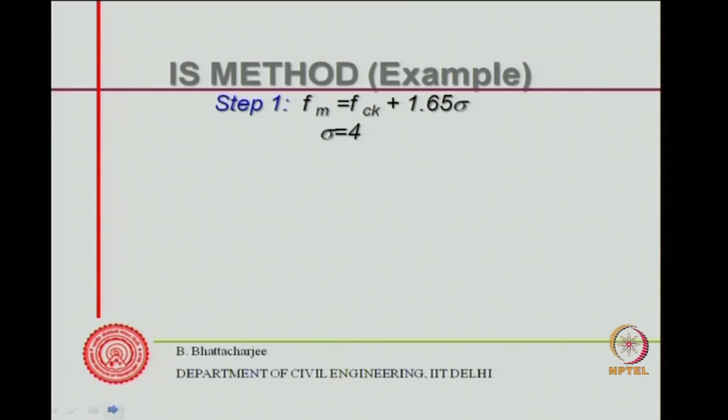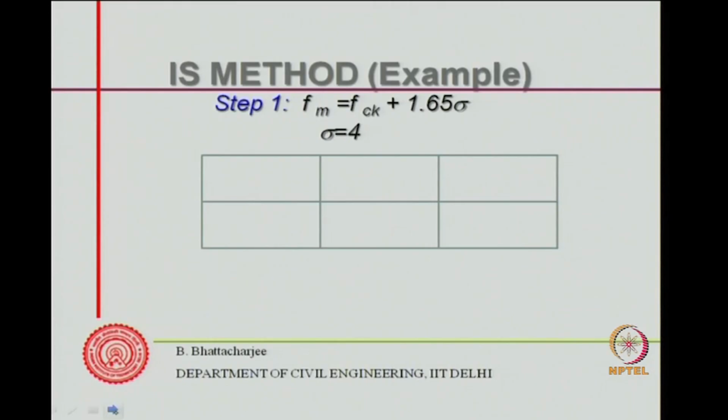Now, you recall that in the IS method, the first step is to find out the target mean strength, as we call it, fm, which equals fck plus 1.65 sigma. That was the first step, if you remember. Since we do not have any data available, as a starting point we take the standard deviation as 4 MPa, as given in IS 456-2000 or in 10262.